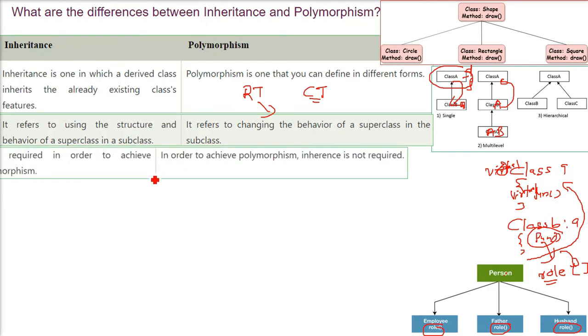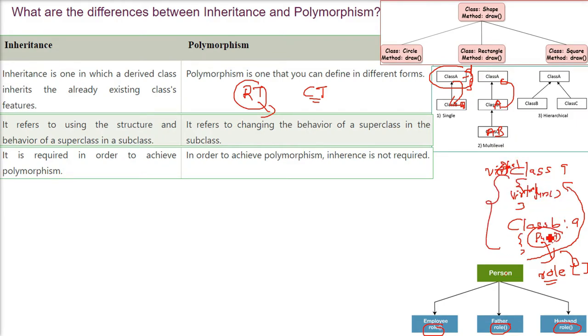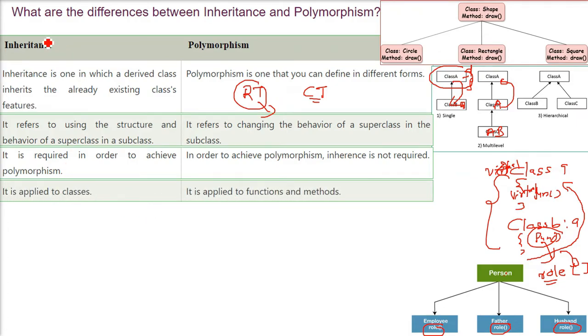Inheritance is required in order to achieve runtime polymorphism, as I just told you in the example, because it is only possible when there is an inheritance scenario. But in general, in order to achieve polymorphism, inheritance is not required. Inheritance is applied to classes; we are talking about two different classes.